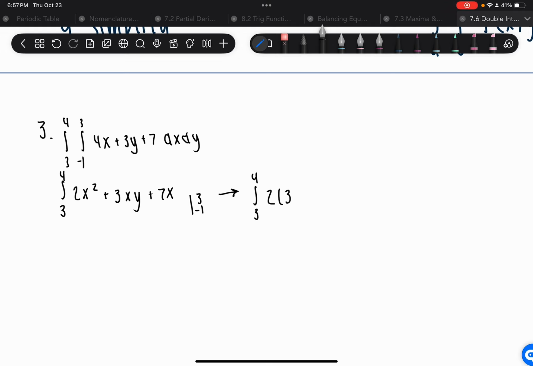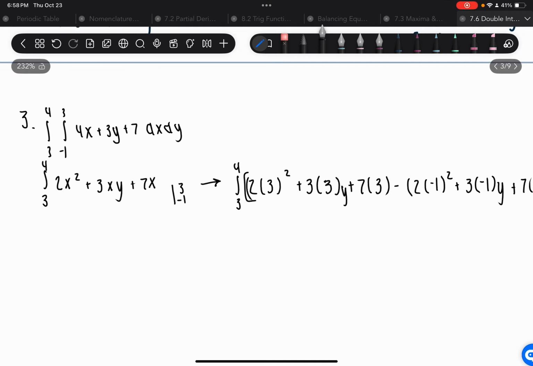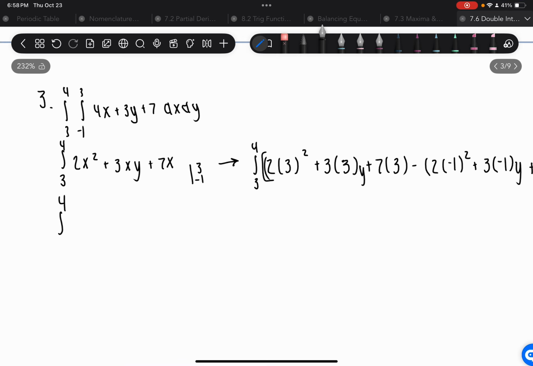So I have 2 times 3 squared plus 3 times 3 y plus 7 times 3 minus 2 times -1 squared plus 3 times -1 y plus 7 times -1. And then I get 12y plus 44 as my value.